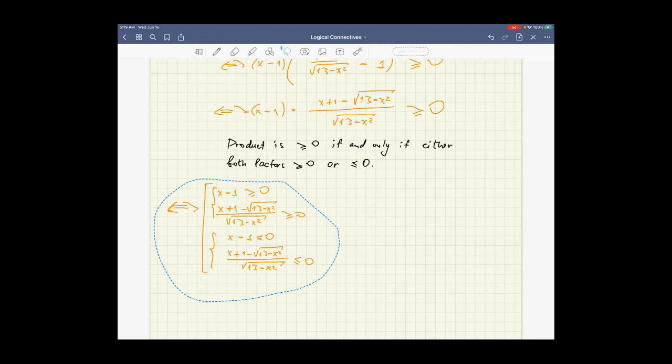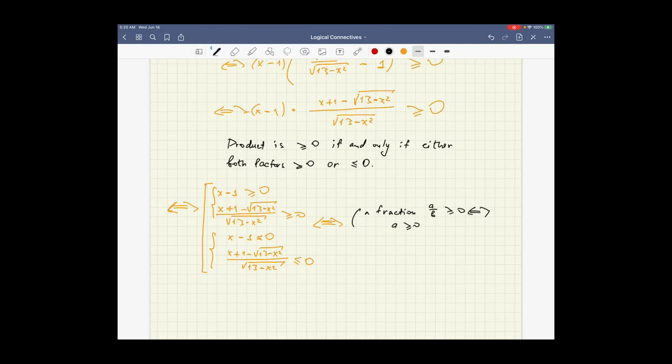Alright, now we solve each system separately. What can we say about this fraction? When is the fraction non-negative? A fraction, let's say a over b, is non-negative if and only if what?